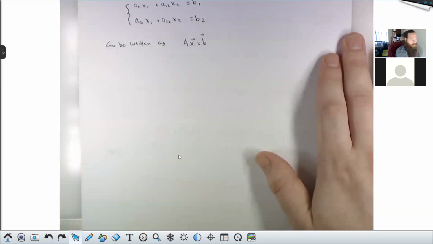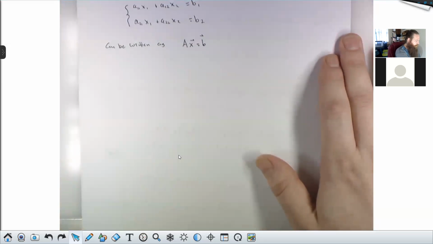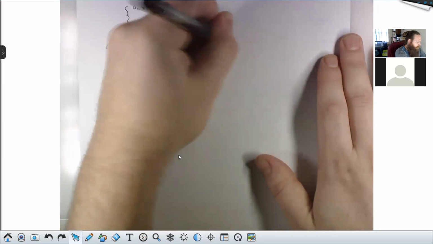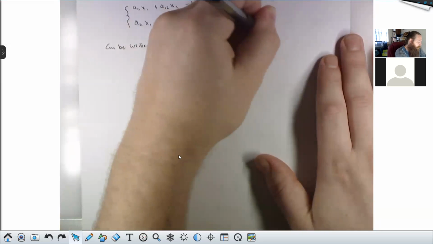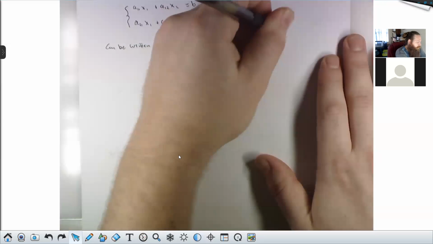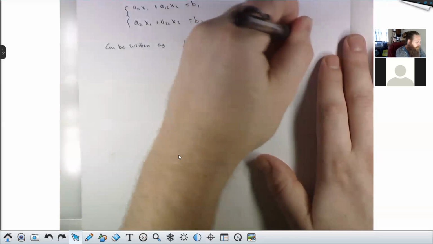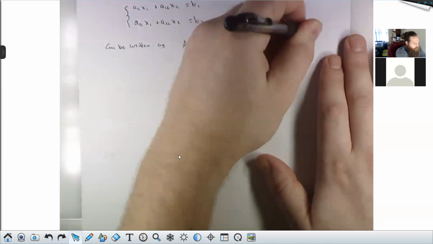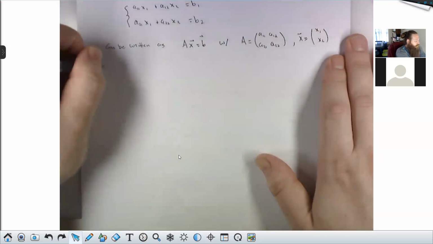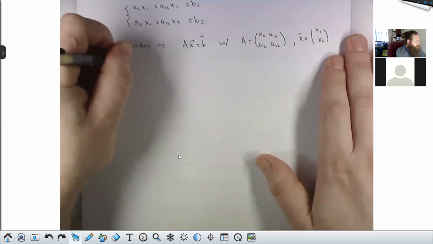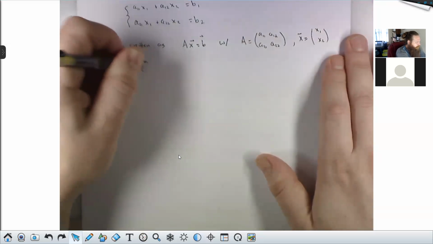You can put the arrows if that helps you remember. Can be written this way, where A is the matrix A11, A12, A21, A22. X is the vector x1, x2, and B is the vector b1, b2.